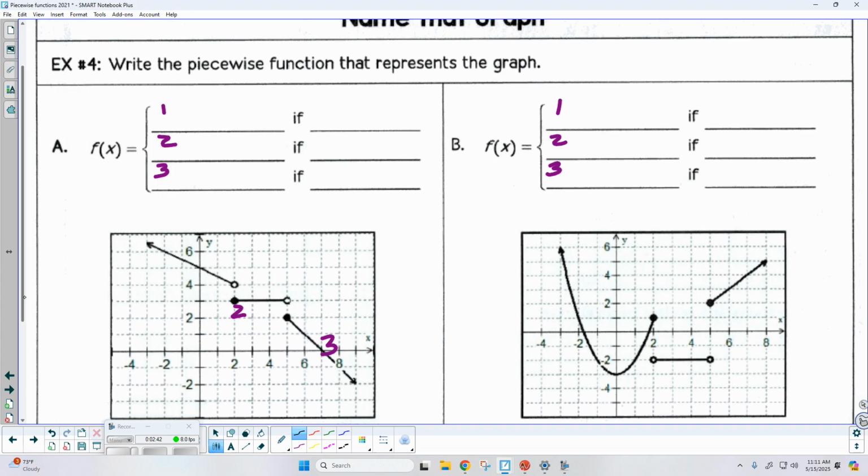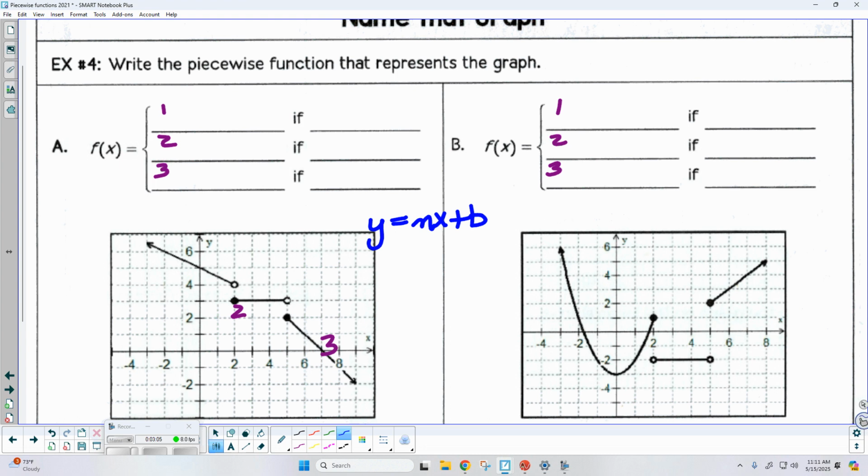So for part A, you'll notice we've got 3 linear segments that we want to take a look at. For the 2 steep ones, we're going to write them in slope-intercept form. But let's take care of the easy one first. Let's take a look at the middle one. It's a horizontal line.